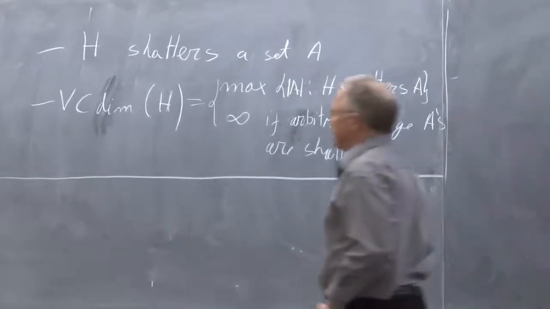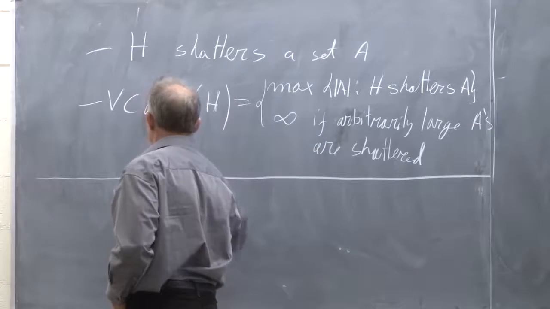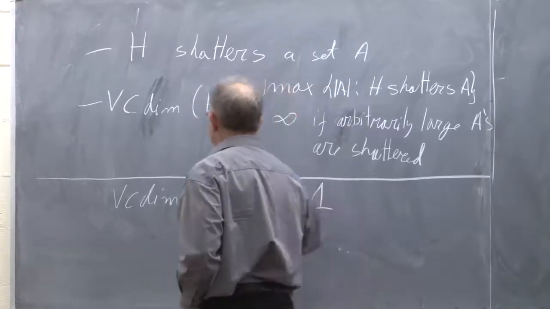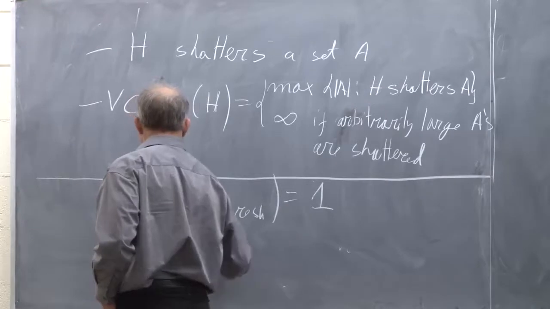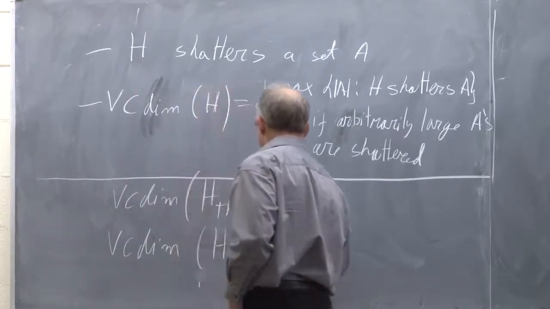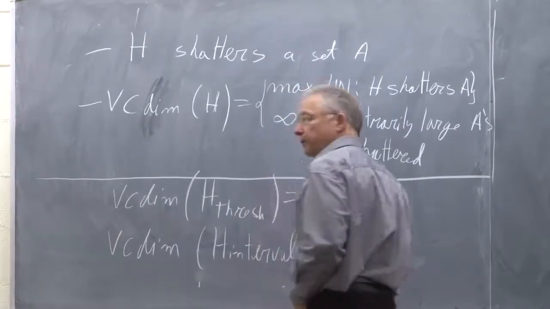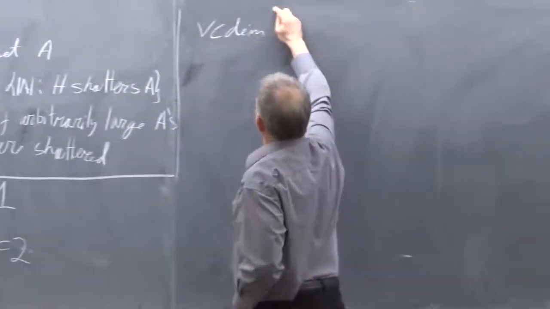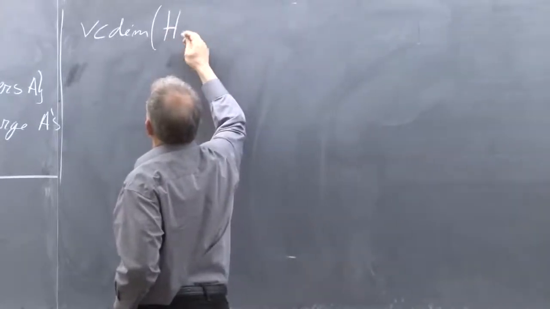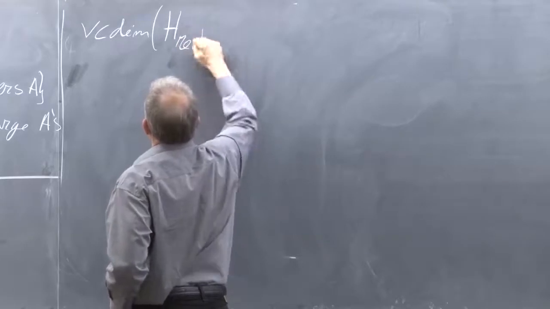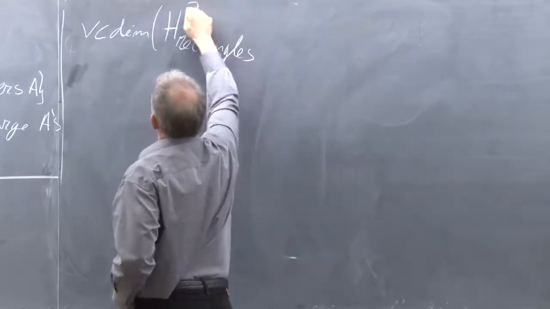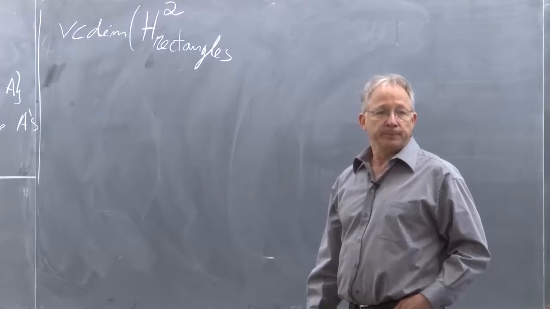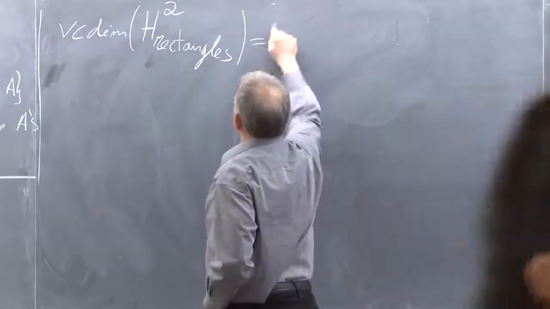So we saw that the VC dimension of H thresholds was 1, and the VC dimension of H intervals was 2, and the VC dimension of the class of H rectangles, and I'll put a superscript 2 here to denote that we are talking about rectangles in R2. And rectangles in R2, we saw that the VC dimension was 4.